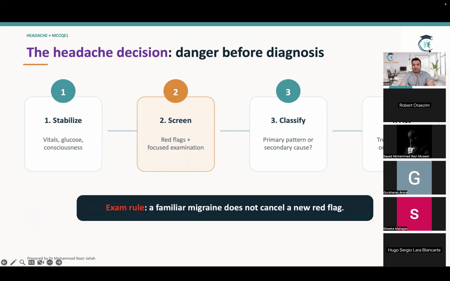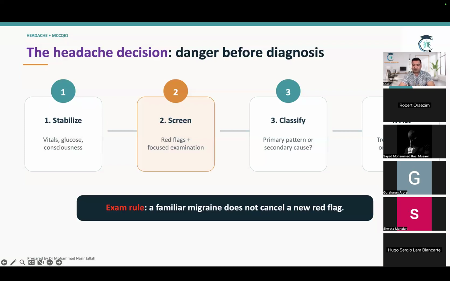We apply the ABC before we decide to go ahead and call it migraine, tension, or thunderclap, or subdural or epidural hematoma or hemorrhage, right? So we don't care about the diagnosis at the beginning. We care about the patient's life and safety. Once we take that out of the way, then we think about the diagnosis.